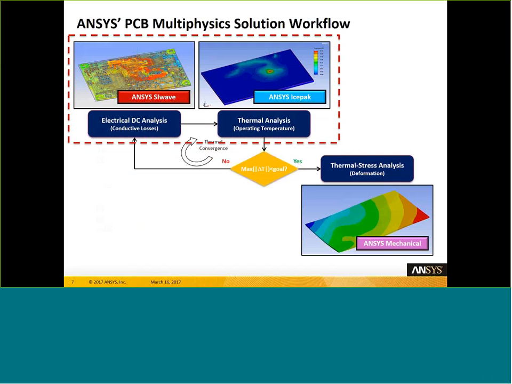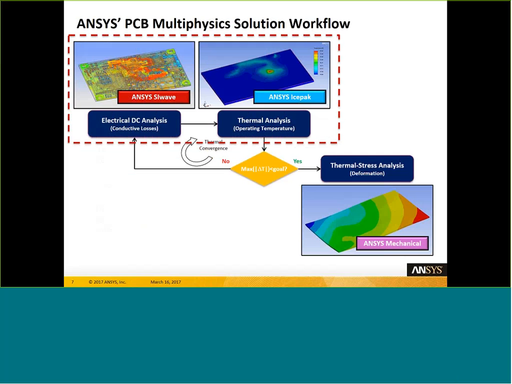ANSYS's printed circuit board multi-physics solution workflow addresses these three areas of reliability concerns. This slide shows a schematic of the ANSYS PCB multi-physics workflow. The starting point is an electrical DC analysis in ANSYS SI-Wave.